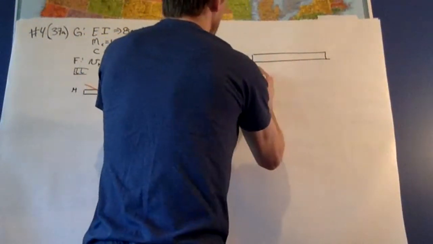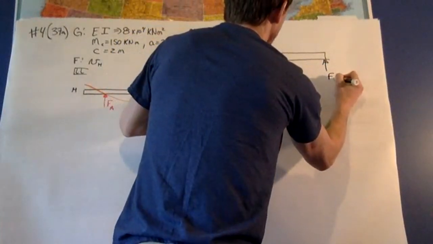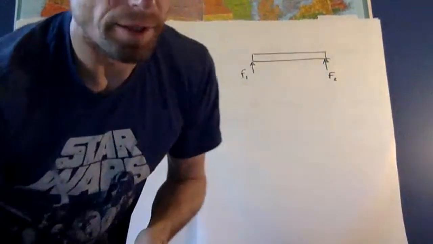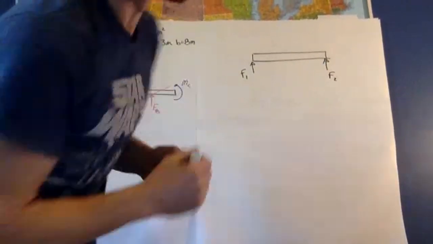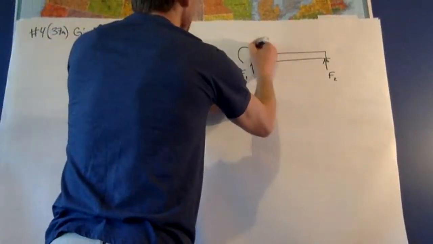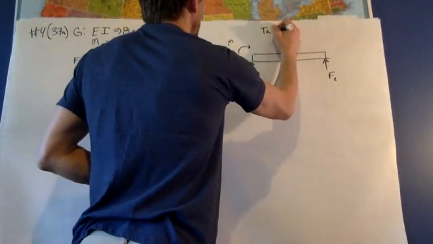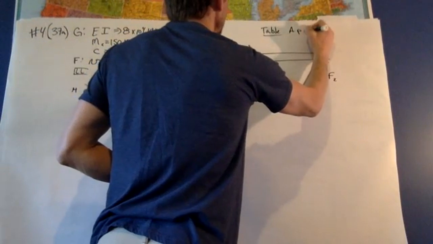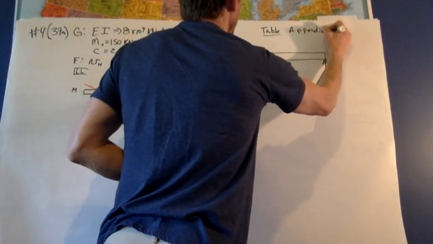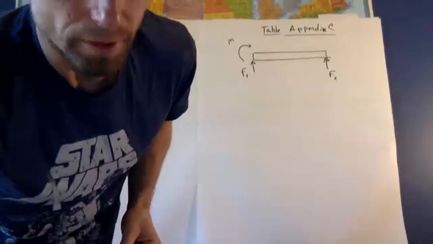We have this force 1. We have this force 2. And if I'm not mistaken, we have this moment out here. So this is what the table looks like. This is the table in Appendix C. I think that's right.